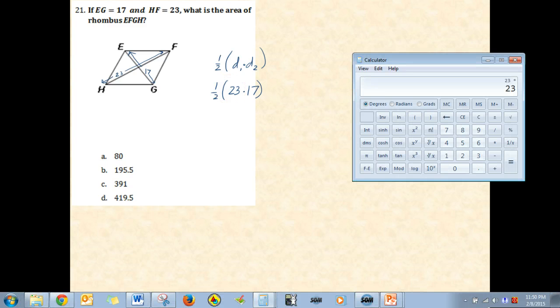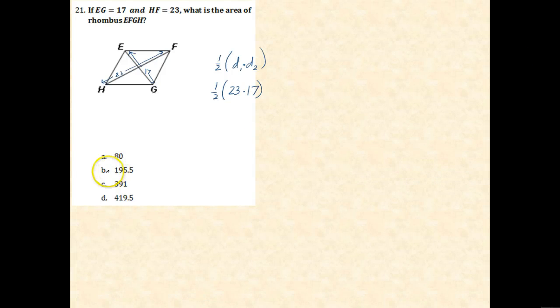So that's 1/2 of 23 times 17. So 23 times 17 is 391. Divide that by 2, and you get 195.5. 21 is B.